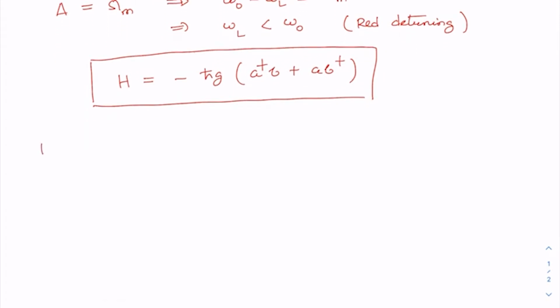Now let us discuss the other case. Let us set the detuning parameter delta at minus omega m.